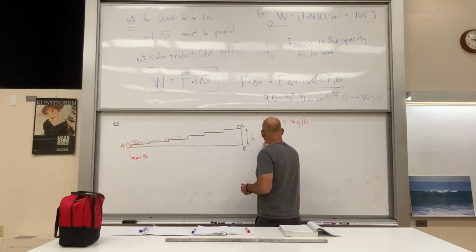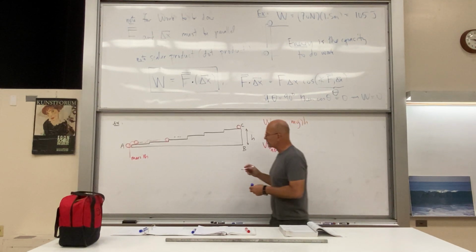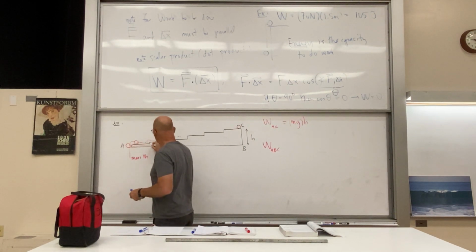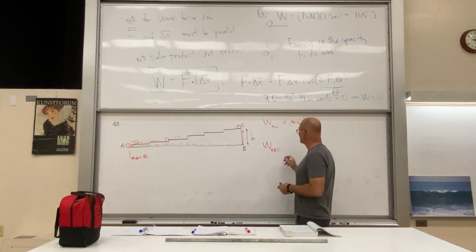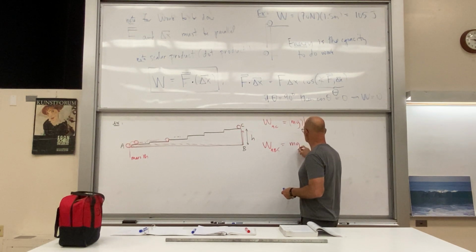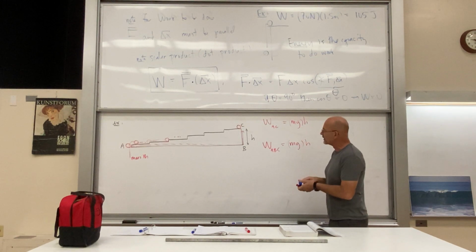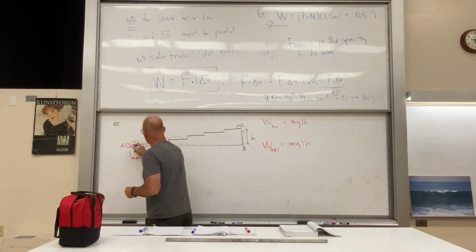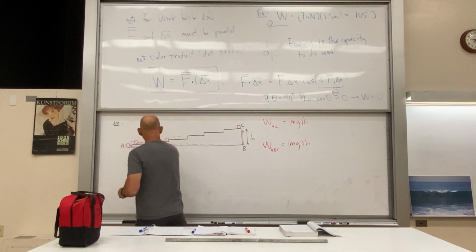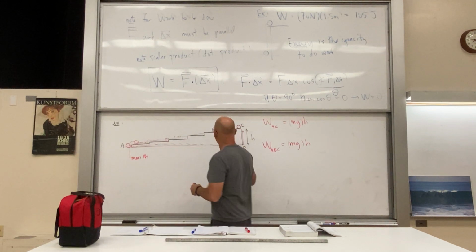I could also do the work from A to B to C, which would be to roll this ball along here and then lift it all at once. Same amount, right? mg times h. The third thing I could do, since I have colors, I'll put it all on one picture. I could have a smooth ramp all the way to the top.